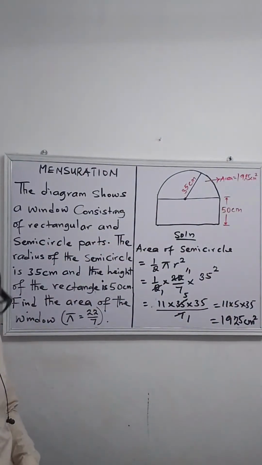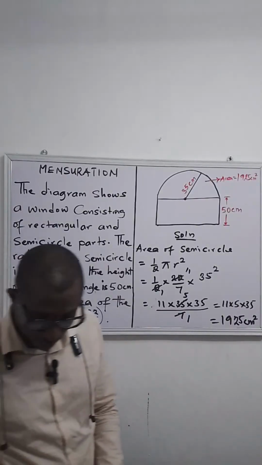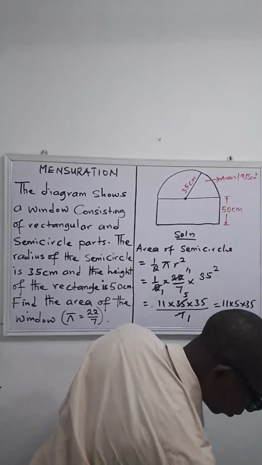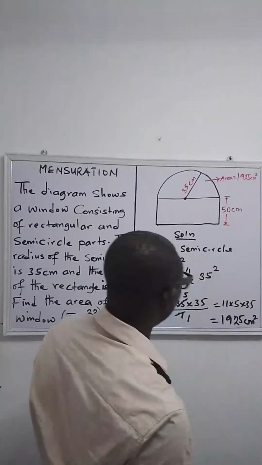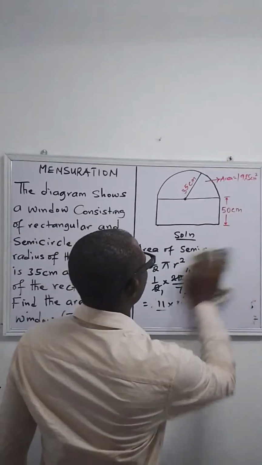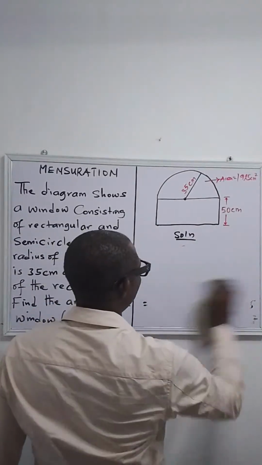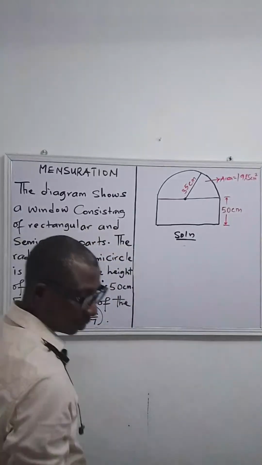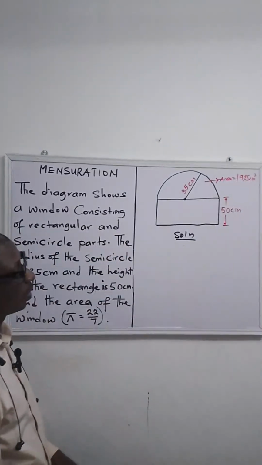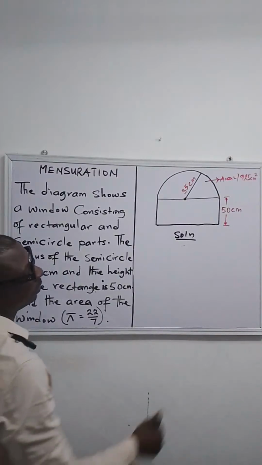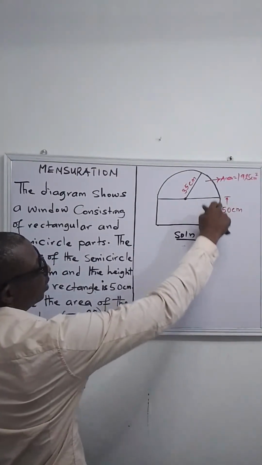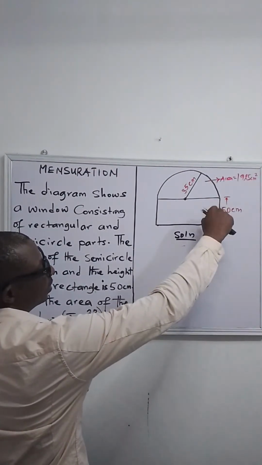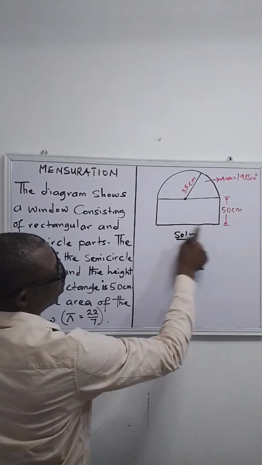Now the next thing is to find the area of the rectangle. How do you go about that? I must know the dimension of the rectangle. Now we have been given the width, the breadth, that is 50 centimeters. So what is from here to here?